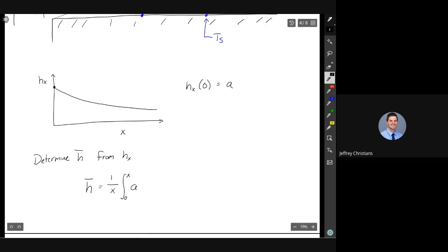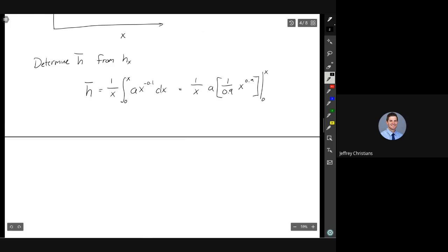We integrate h, just A x to the negative 0.1 dx, which would be 1 over x times A times 1 over 0.9 x to the 0.9, evaluated from 0 to x. Okay, so we end up with an x to the 0.9.